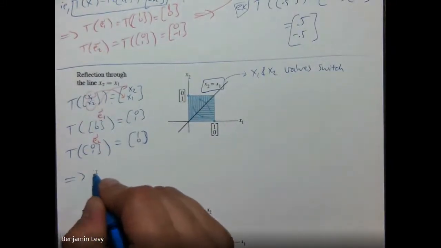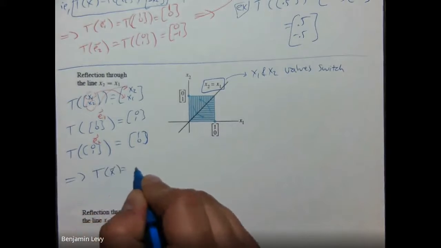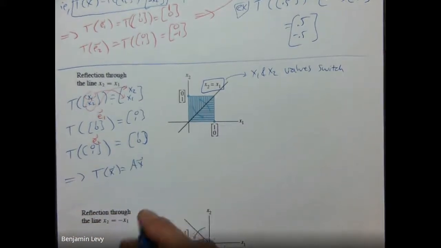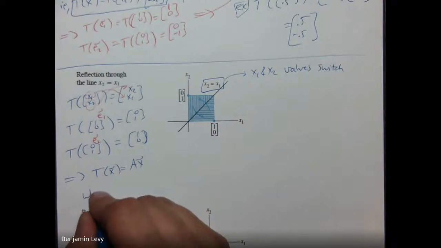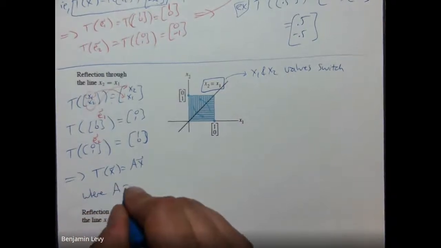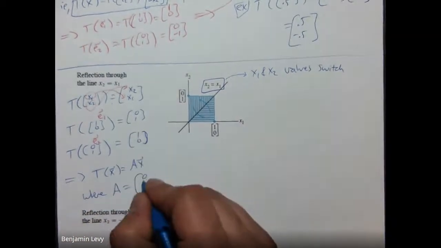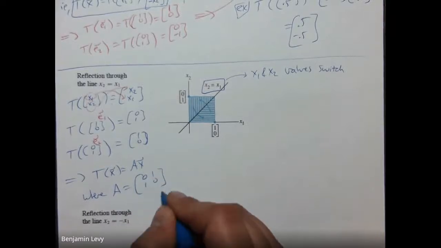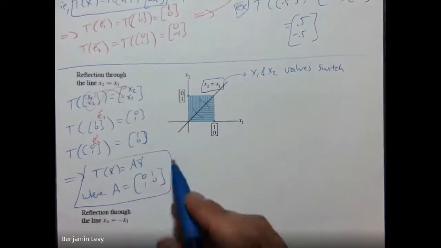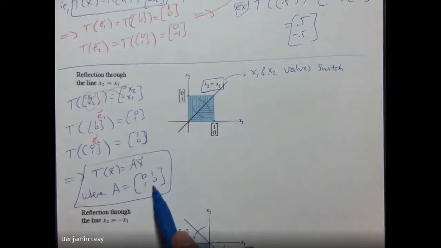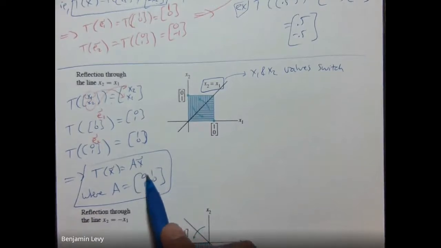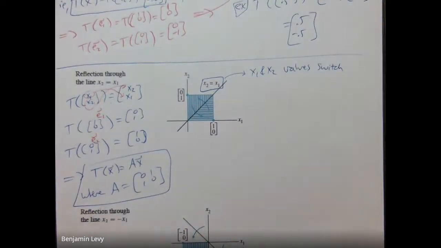And so what we just learned here is that this transformation can be written as matrix multiplication, with the matrix where those are the columns: (0, 1) and (1, 0). That almost looks like the identity matrix, except the 1s are on the other diagonal. Again, let's see how that works.